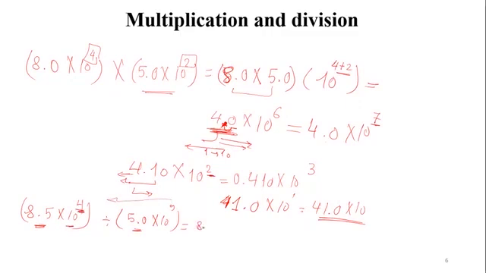So I have 8.5 divided by 5.0 multiplied by 10 to the power 4 minus 9. The first number would be equal to 1.7 multiplied by 10 to the power 4 minus 9, which is actually equal to 10 to the power minus 5.